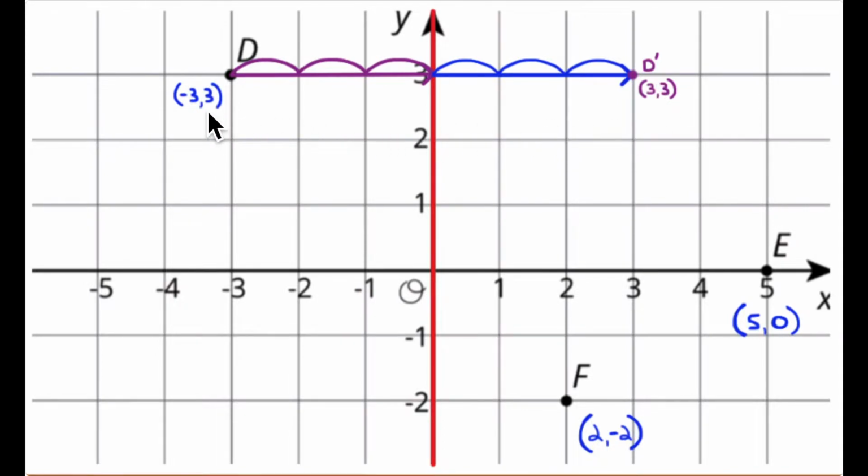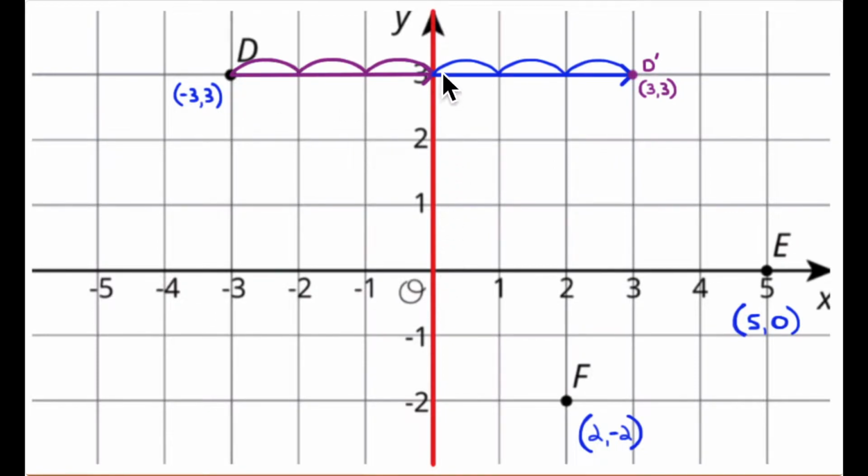Now notice what happens to the coordinates. Since D is reflecting over the y-axis, the y-coordinate is going to remain the same. It is as if you travel up the y-axis to a +3, and in the first case you take a left turn and go to -3 for the x-coordinate.